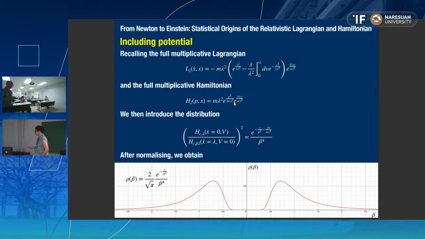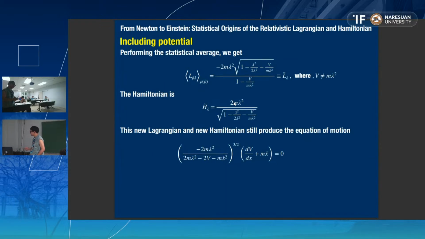And we're going to do more or less the same process that we did. We do the average of this new Lagrangian, I mean L beta lambda with the potential, and then we get this, I would call L tilde lambda here. And we also get a Hamiltonian tilde here.